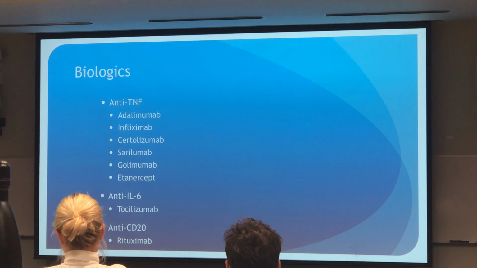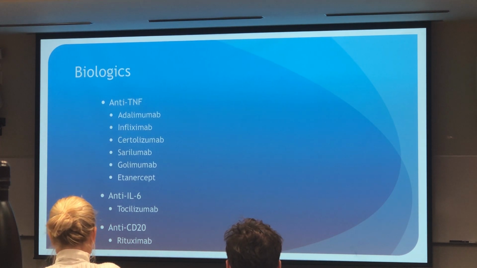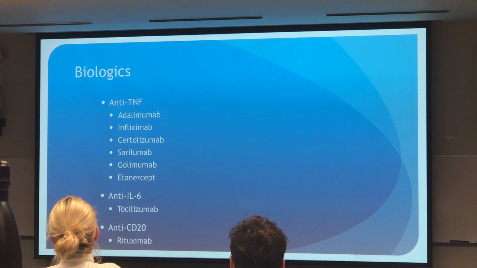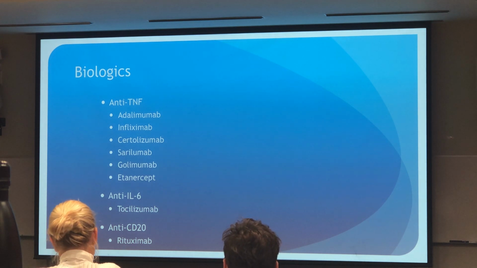Just to summarize, the biologics are the whole category of medications where you have a molecule that targets a very particular part of your inflammatory response, a cytokine, an interleukin.